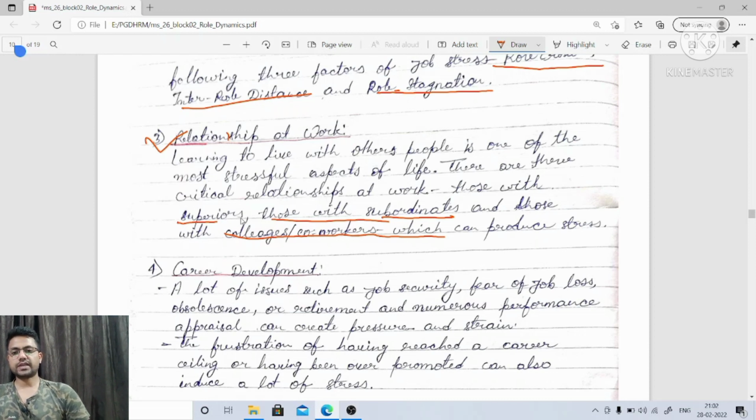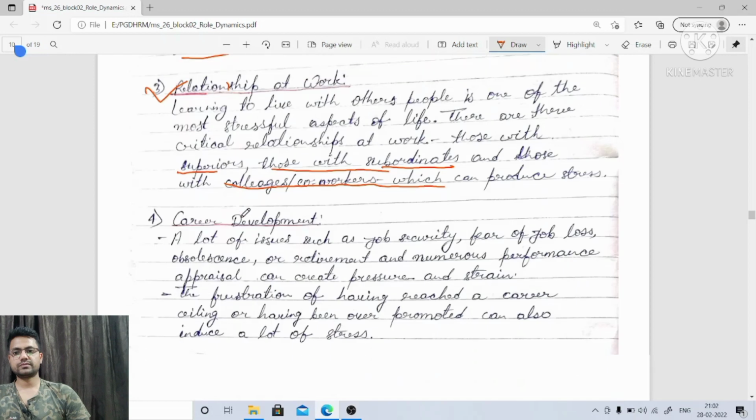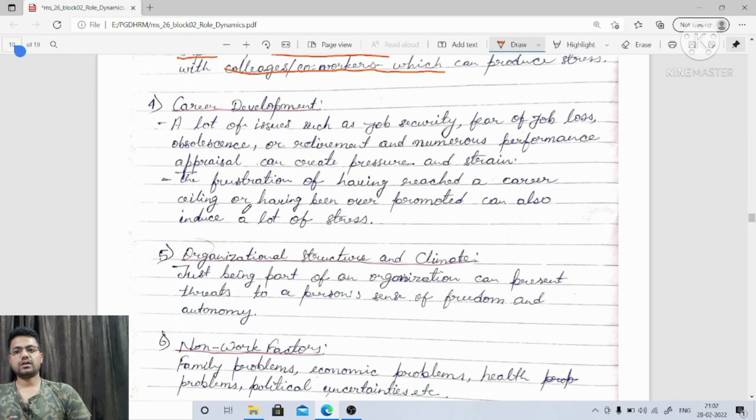Next, career development. A lot of issues such as job security, fear of job loss, obsolescence or retirement, and numerous performance appraisals can create pressure and strain. The frustration of having reached a career ceiling or having been over-promoted can also induce a lot of stress.